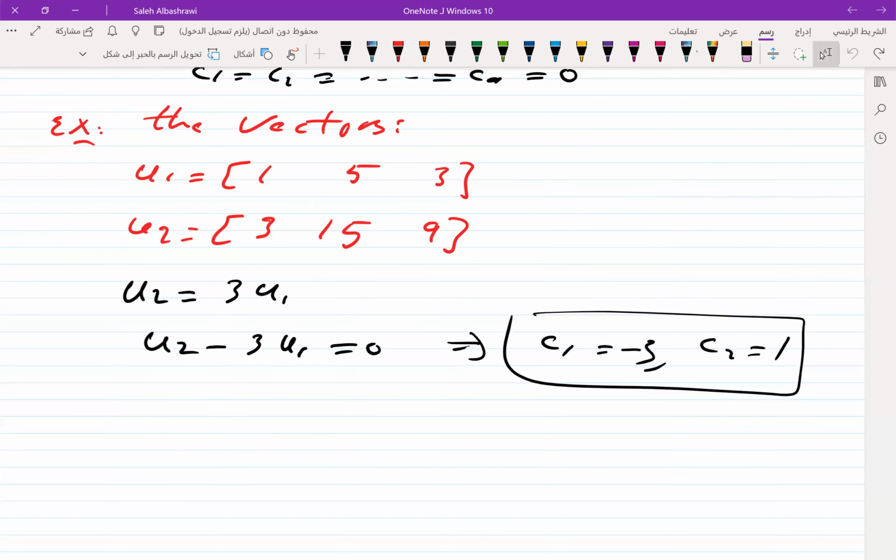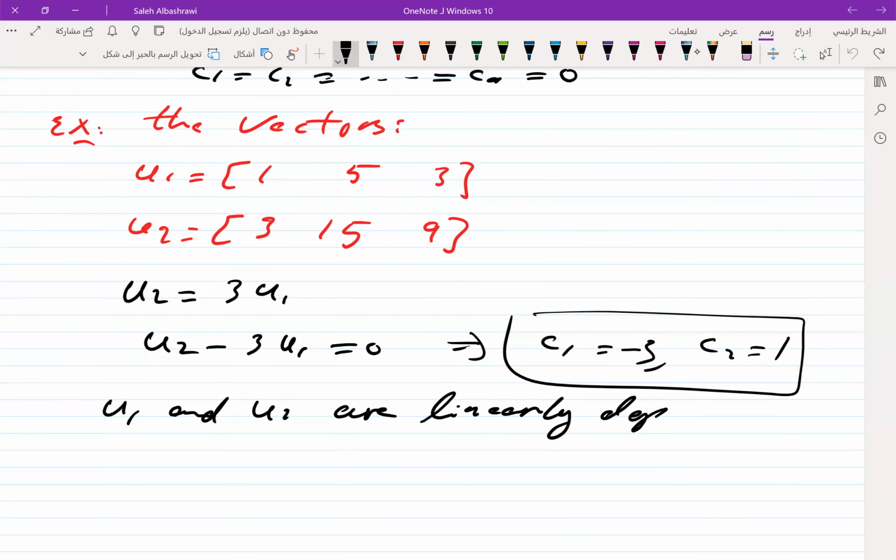So in this case, we say that u1 and u2 are linearly dependent, because u2 can be written as a constant multiplied by the first vector u1.